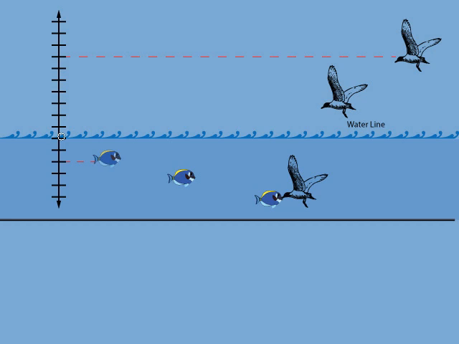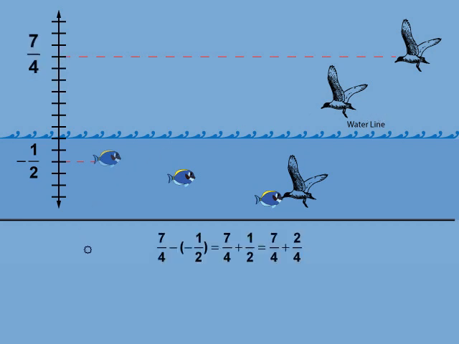For the fish, the distance is -1, 2 fourths, -2 fourths, or -1/2. For the bird, the distance is 1, 2, 3, 4, 5, 6, 7 fourths.